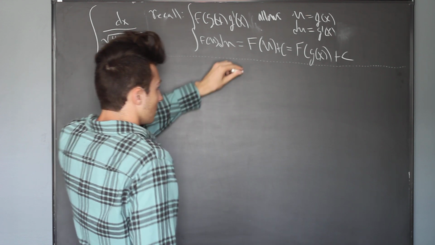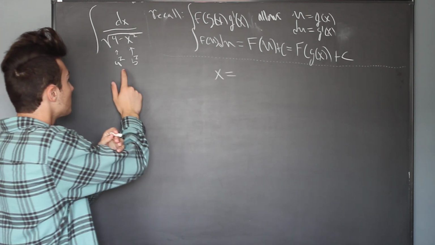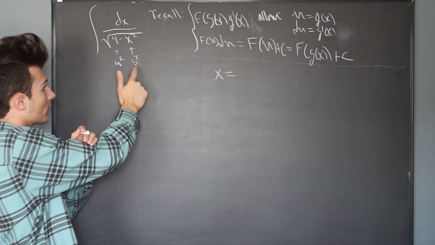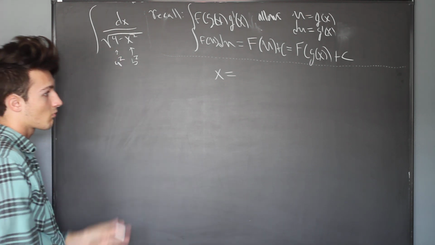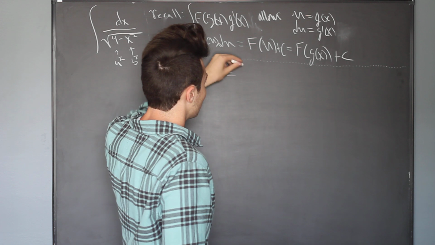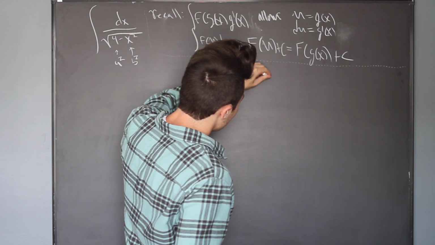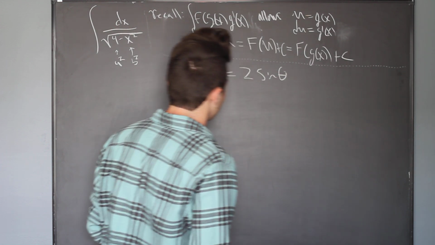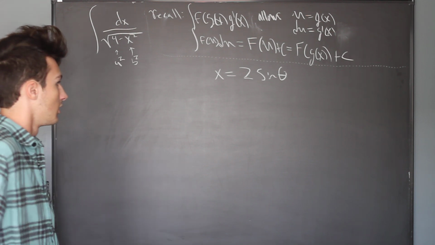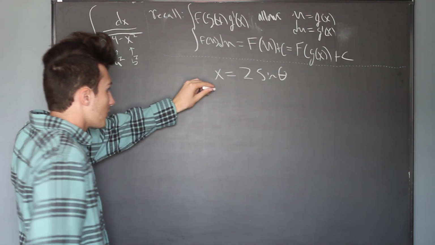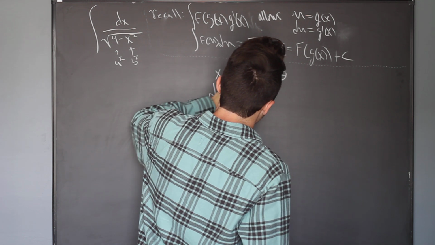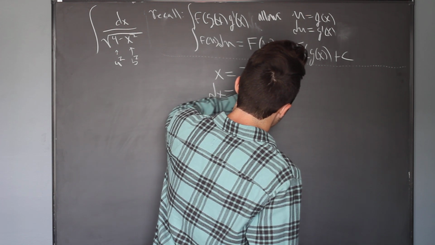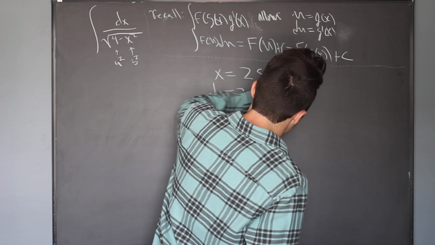X equals, well, a over b, so 2 over 1, but remember I am taking the square root of this number. So 2 over 1 is 2 sine theta. Okay? Well, with u sub we have to find what dx is. Dx is equal to 2 cosine theta d theta.